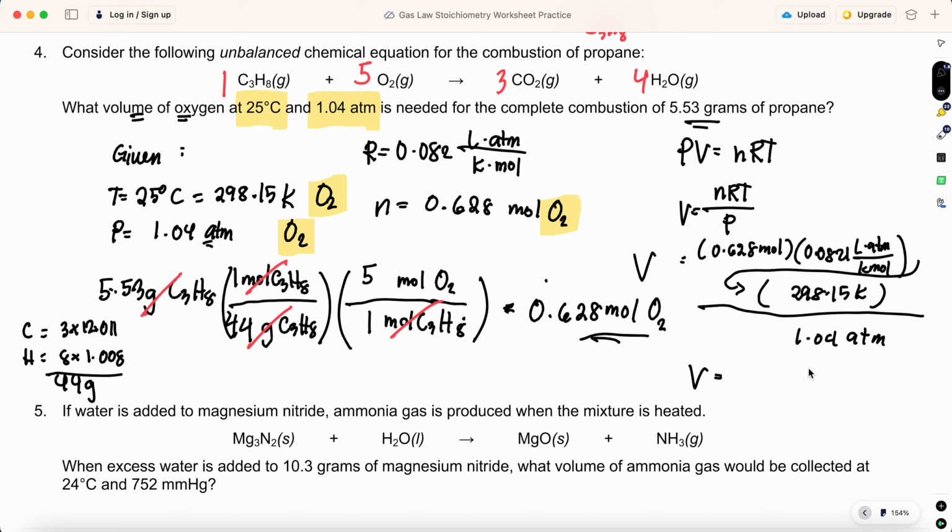Your volume should be equal to 14.781 liters of oxygen. So this is the final answer.